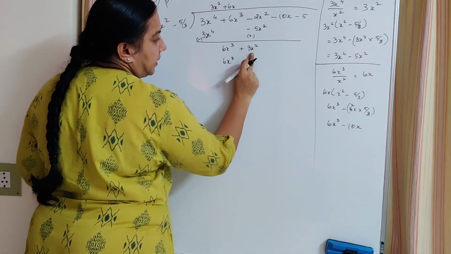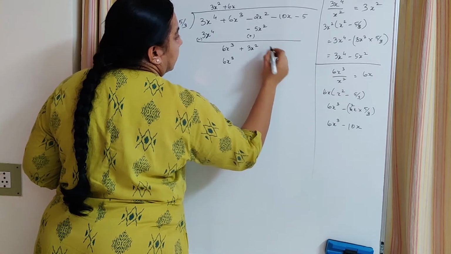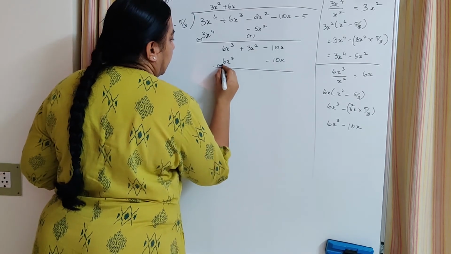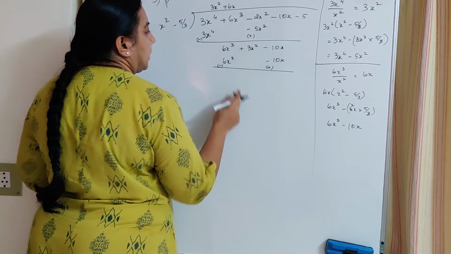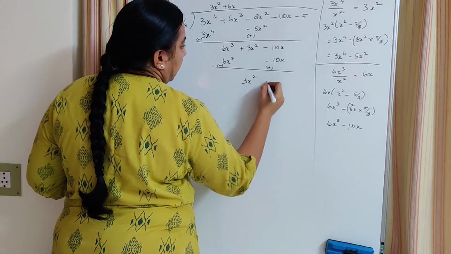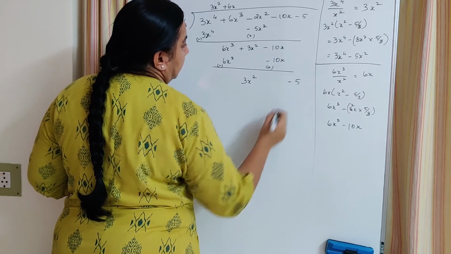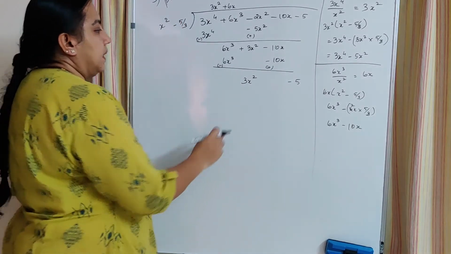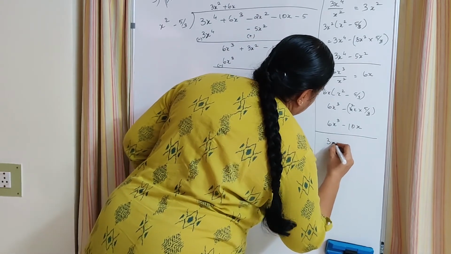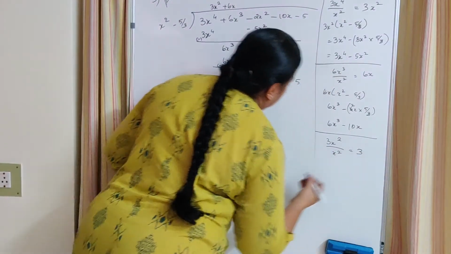So I am taking it and writing it here now. 6x cube, and here it's the x square term, so write it separately here. Minus 10x. Bring that term also down. And now I subtract it again, so I am changing the symbol. The first term gets cancelled. The remaining term is 3x square. This term gets cancelled, so I am leaving it. I am bringing the next term down, minus 5. Here again I take 3x square divided by x square, and it's equal to 3.